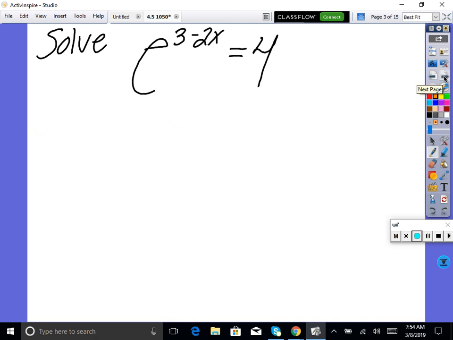Okay, solve. So isolate the base, done. Then we would? Yeah, sure.